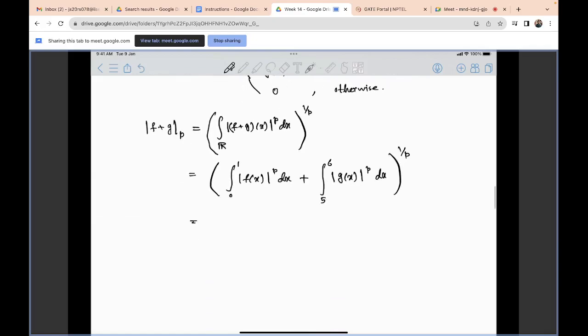So we get both to be A, and again to the power 1 by p. So it's (2A)^(1/p).